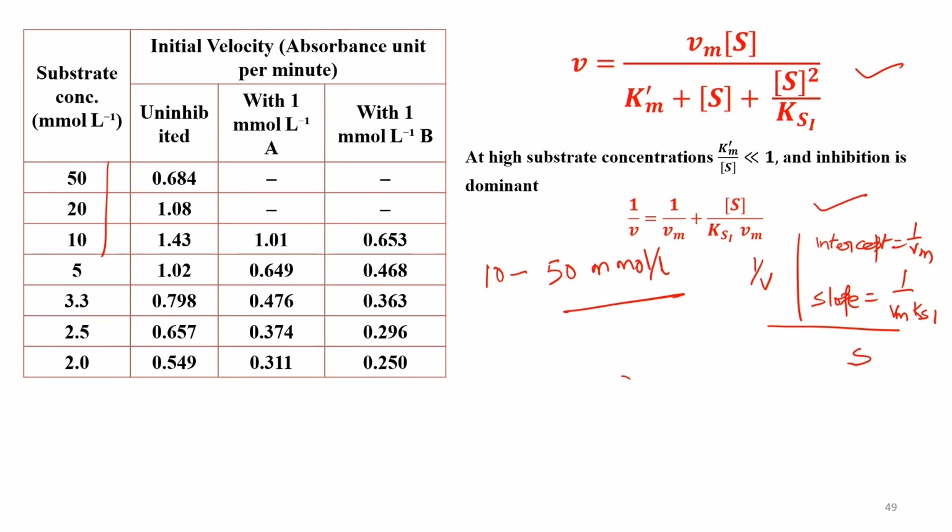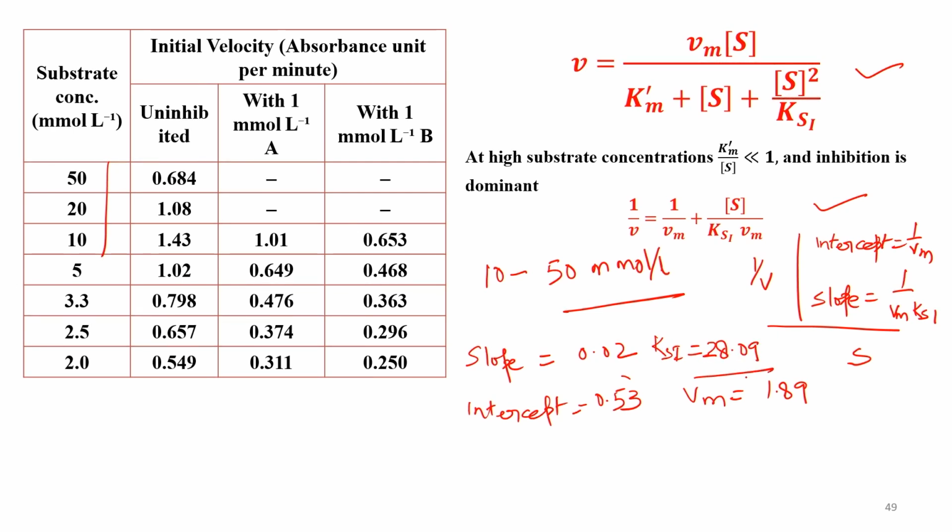Particularly for this case, the slope is coming out as 0.02 and the intercept 0.53. So, it means Vmax becomes 1.89, and from the slope we can calculate the value of KSI, this will be 28.09.